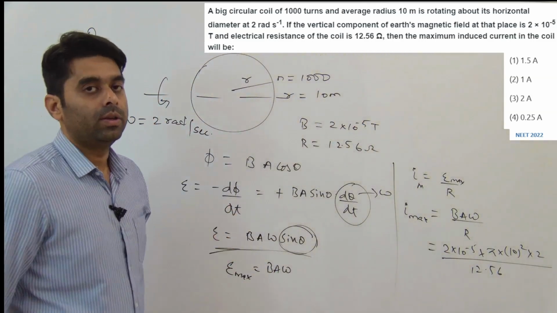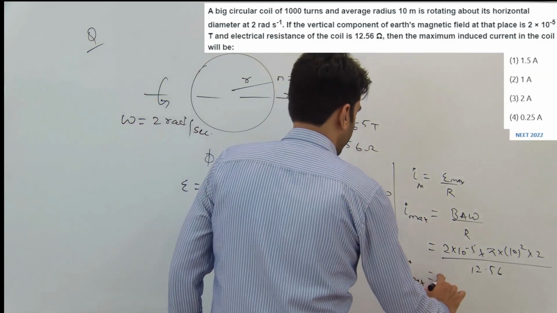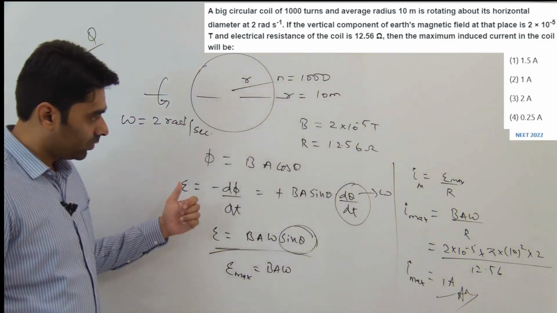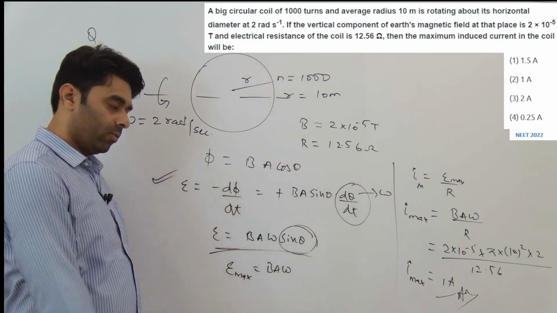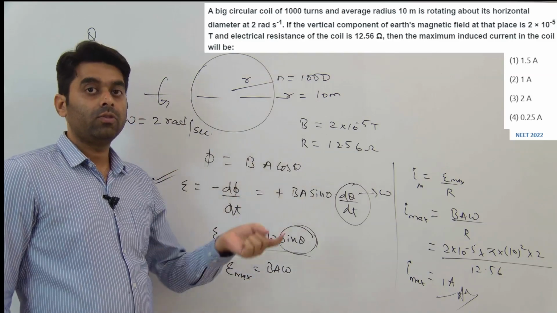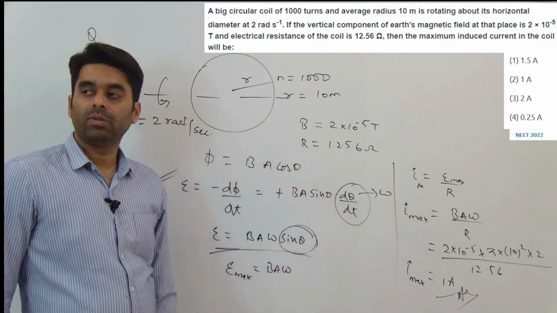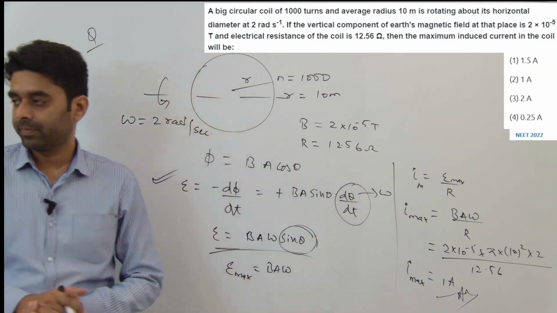When we solve this, the I max value will be 1 ampere. So this is the procedure, a decent good question, and please keep in mind how we got this relation for EMF by differentiating Φ. In this case θ was changing, right? So the maximum current will be 1 ampere. Your answer is the second option. Let's move ahead.